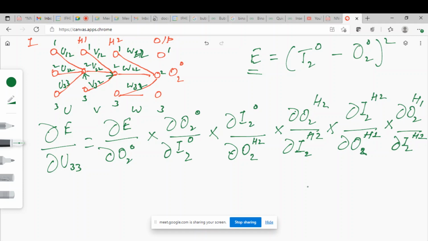Now this input depends on what? Which weight? U33. Okay. So this is called the chain rule. This is the crux of backpropagation.